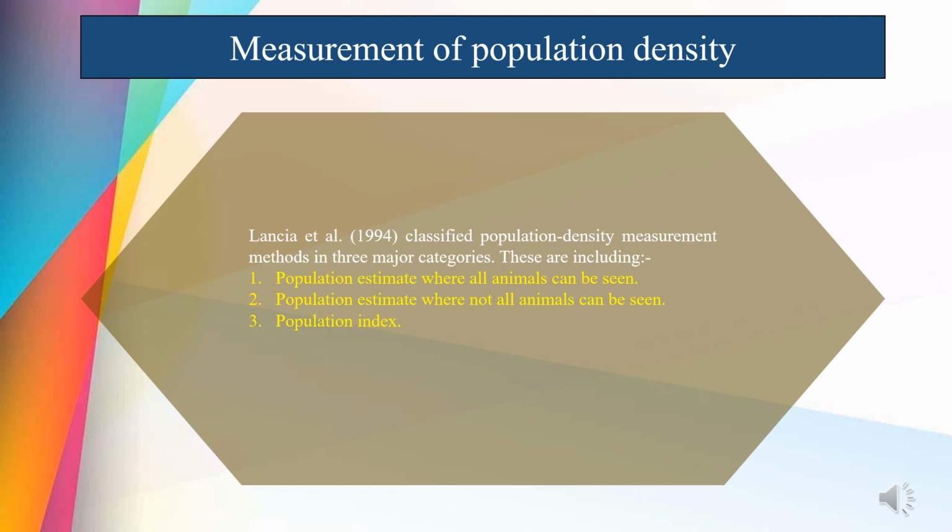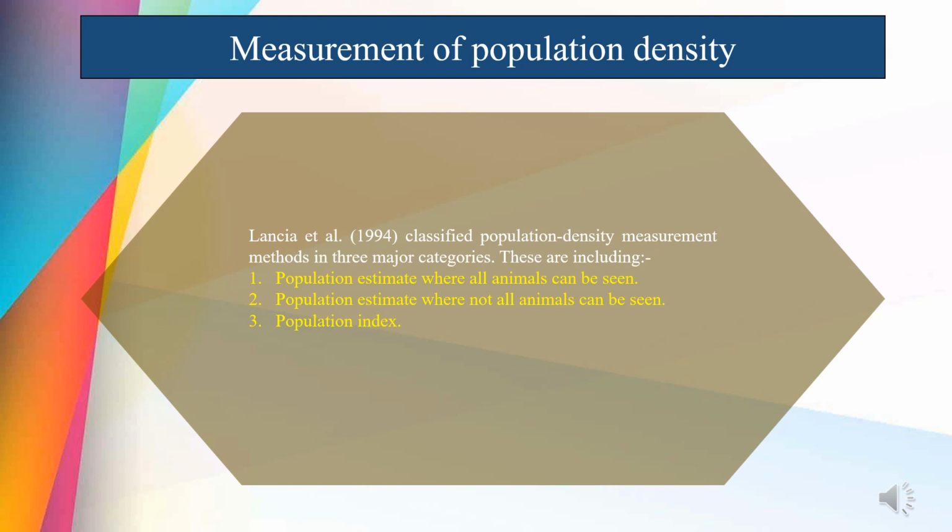Measurement of population density. Lancia et al. in 1994 classified population density measurement methods in three major categories. One is population estimate where all animals can be seen. This includes complete census or counts. So total counts are a complete enumeration of individuals within a sampling unit.